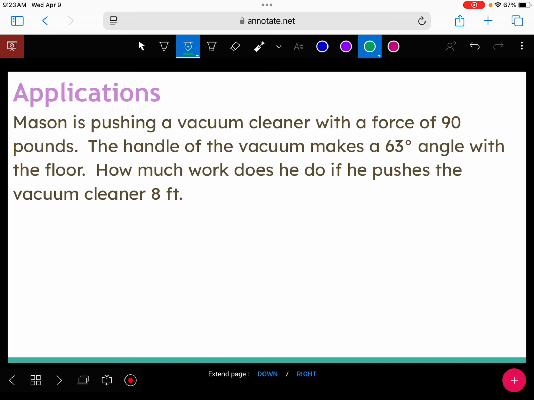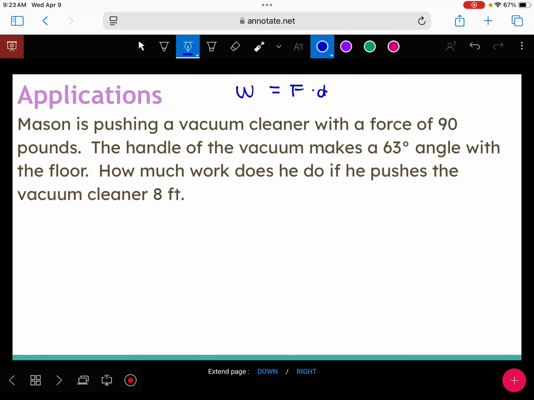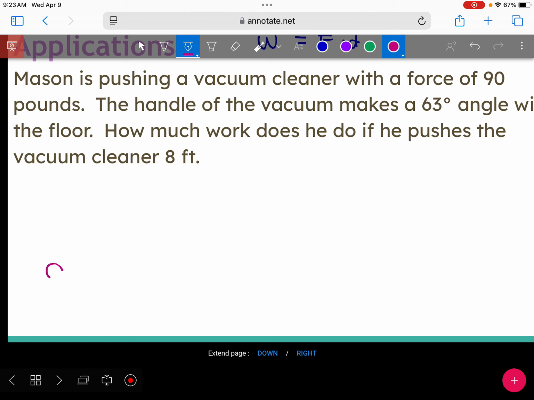All right. So we're going to use the fact that the equation we just had on the last page is that work is the dot product of the force and the displacement, how much it moved. Distance is the units in the direction of the force. Force is how much we're pushing it. So here's Mason.